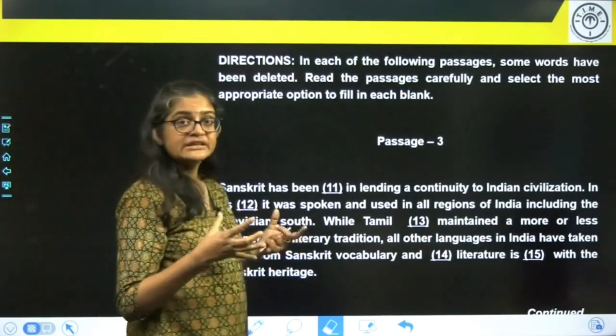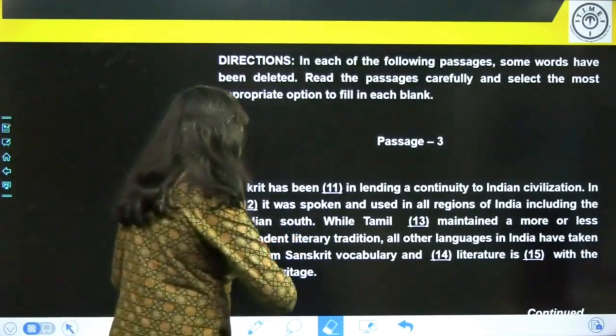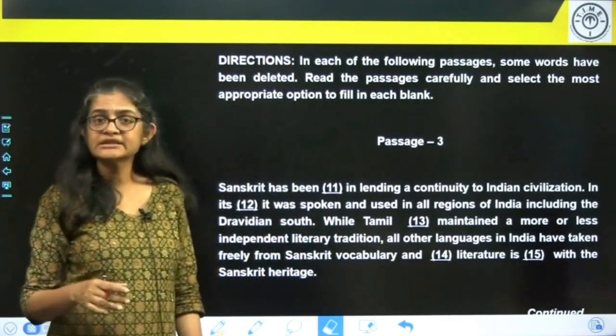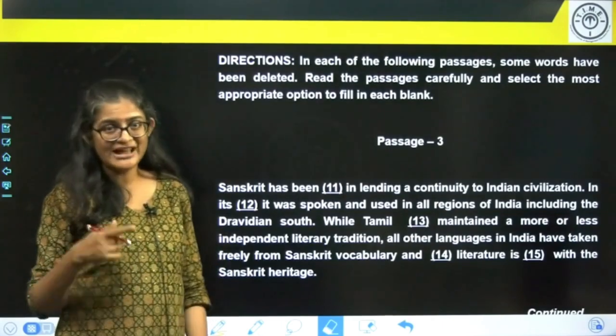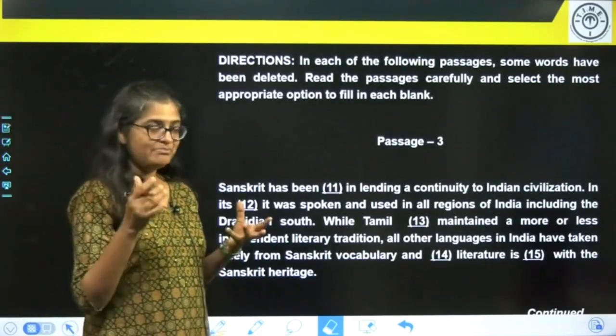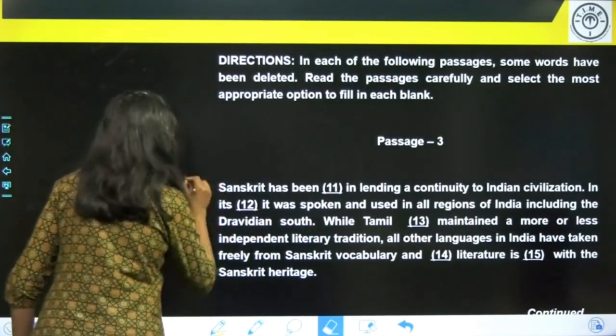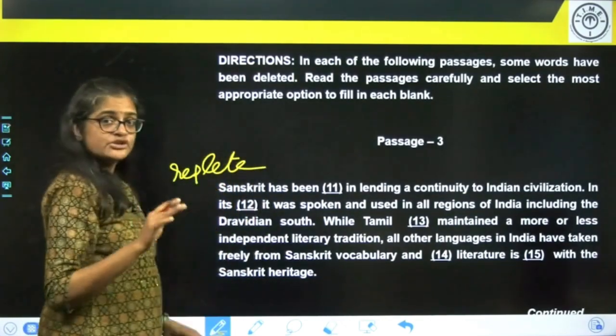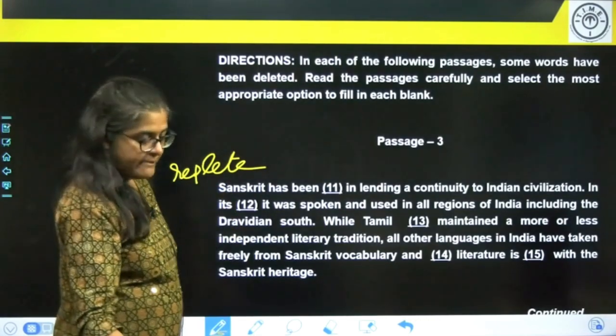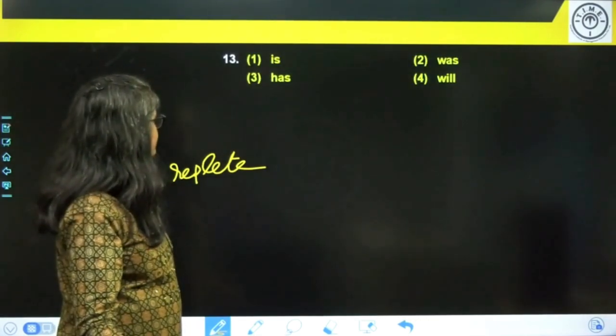Dash with the Sanskrit heritage means what? Say they have taken freely from Sanskrit vocabulary means their language is full of. That is why I thought replete with. I'll just put that word here. That is also suitable in that blank. Okay. Replete with means full of. But we don't have that word here.